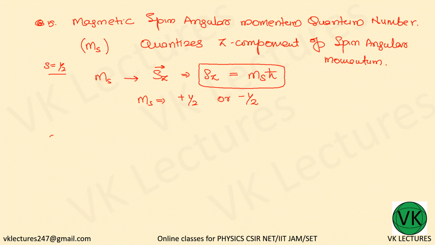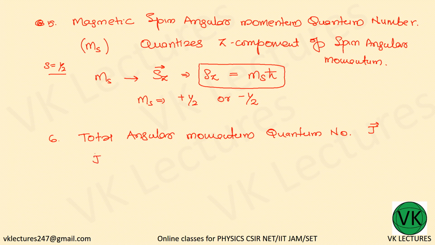Now we have the total angular momentum quantum number, and that is given by j.